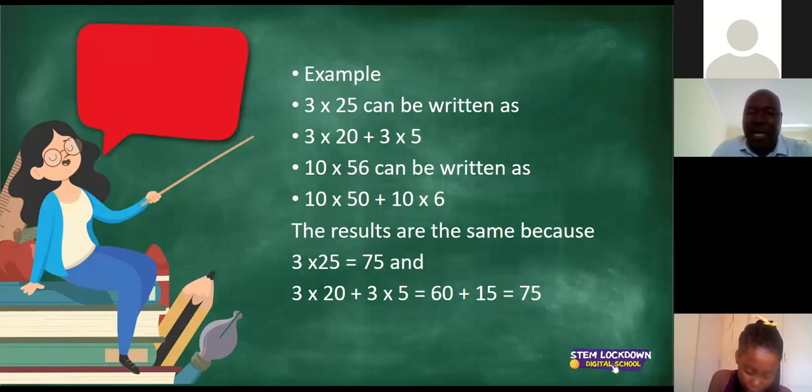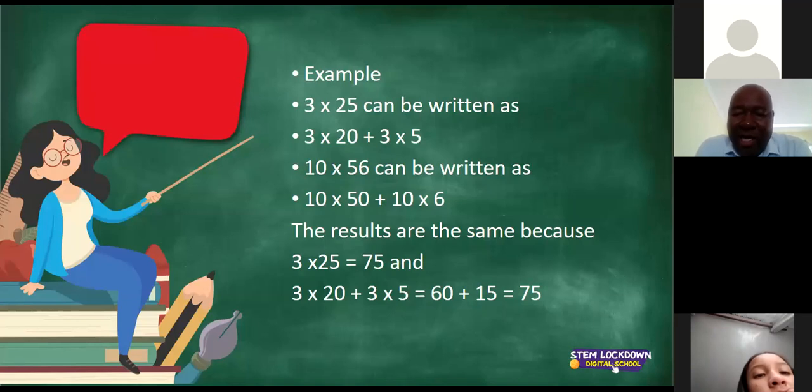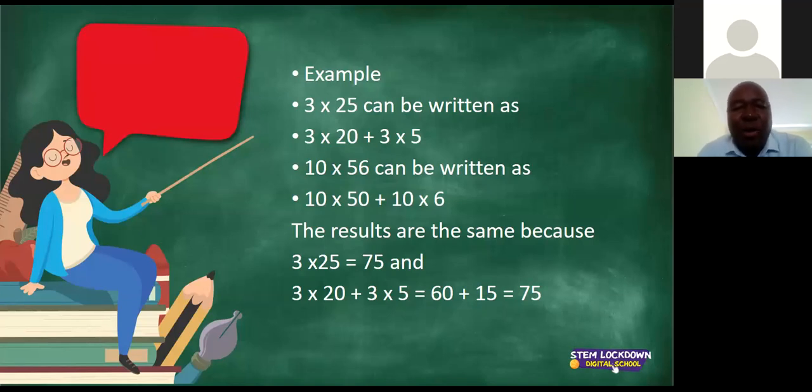So the results are the same. If you check the first one that we had, when you multiply 3 by 25, who can tell me what 3 times 25 is? Correct, 75. So if you multiply directly 3 times 25, it gives you 75.